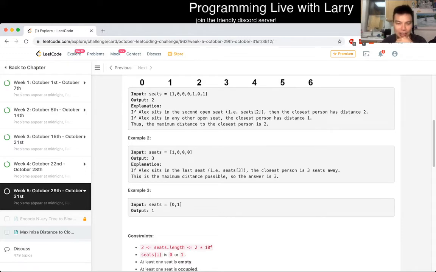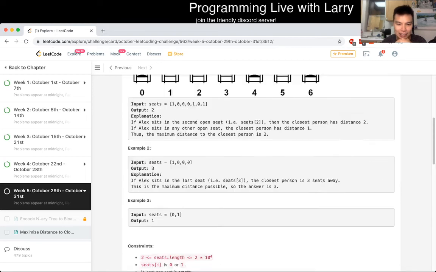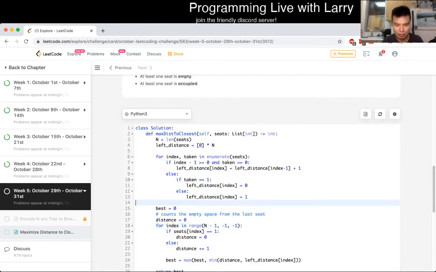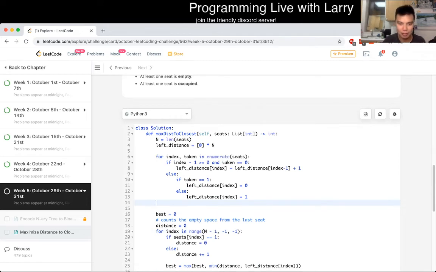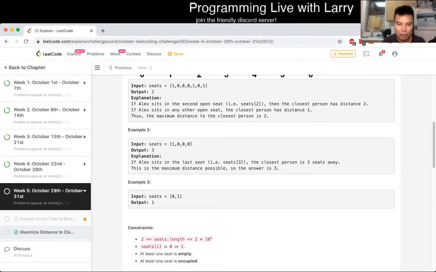But we could actually fix this pretty easily, because from left distance, we can just add.